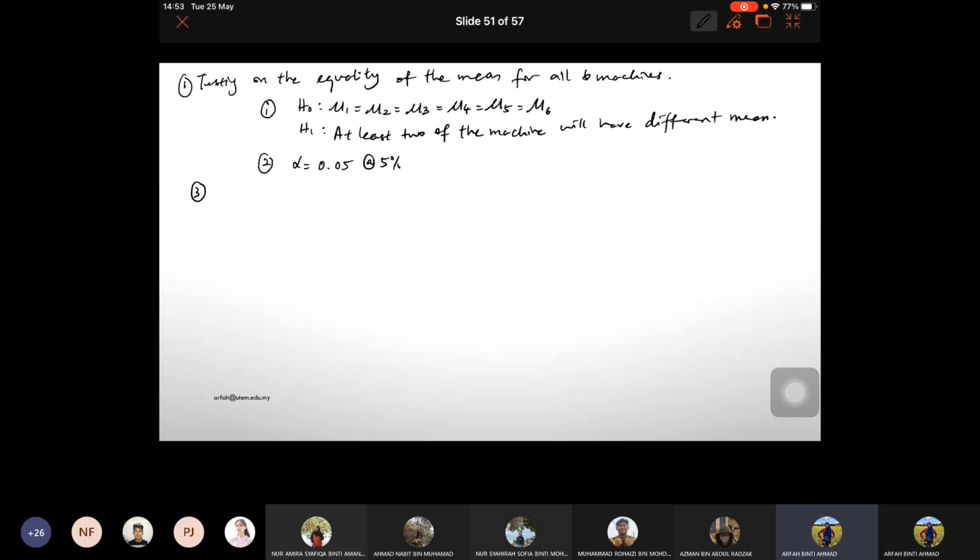Step ketiga apa? Alpha. Alpha dan step 2. Betul jawapan kecerdasan. The third step. What should we put in there? Test statistic. Okay, betul. Test statistik. Okay, guna apa?